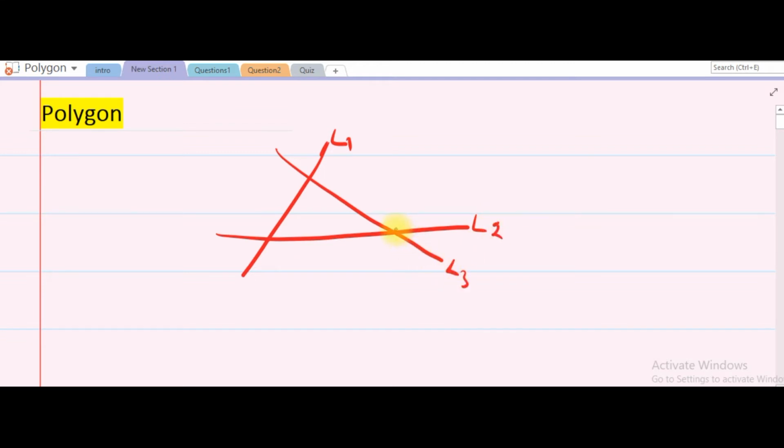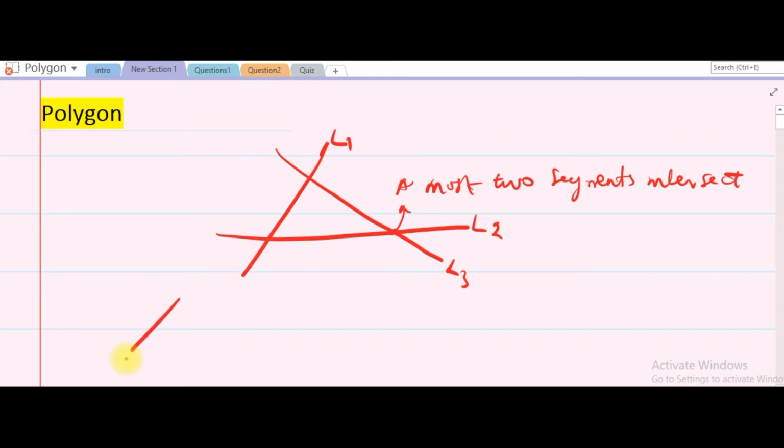So you notice that at most two segments intersect, and each segment intersects two other segments. If you check segment 1, it intersects segment 2 and 3.